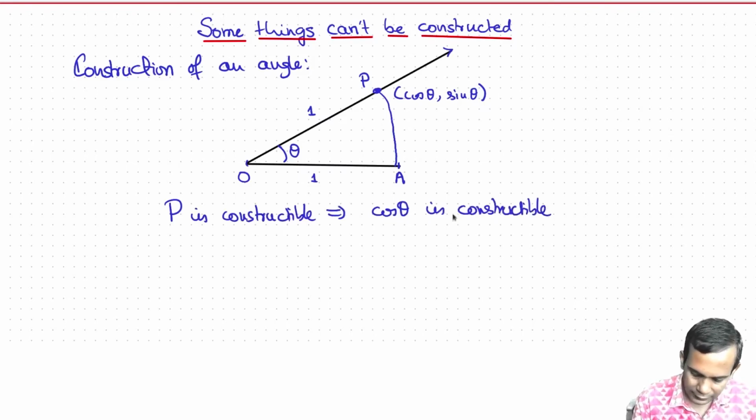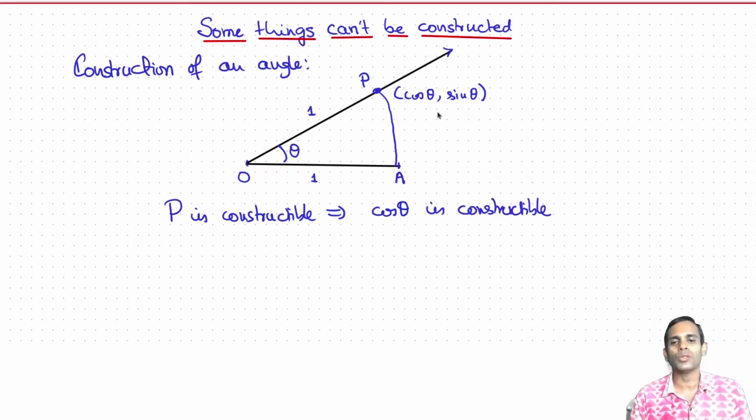And if cos theta is constructible, then sine theta is the square root of 1 minus cos squared theta. Sine theta is in a quadratic extension of the field containing cos theta. So sine theta is also constructible, and therefore, since the x and y coordinates of P are constructible, P itself would be constructible. So this is an if and only if construction.